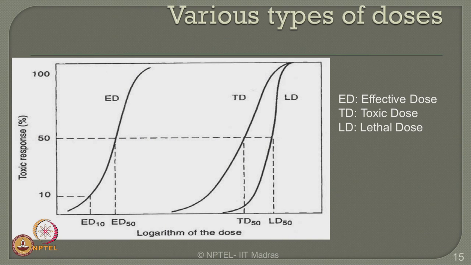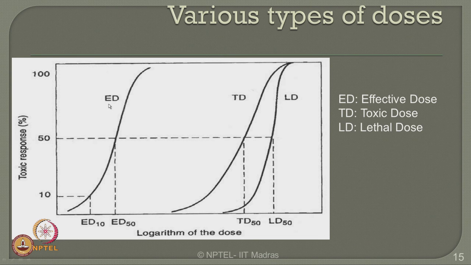When we talk about various types of doses which are available in the chemical industry, there are three doses which can be explained in the literature: effective dose, toxic dose and lethal dose. In the same curve as we saw in the last slide, the logarithmic dose with respect to toxic response in percentage is indicative of ED, toxic dose and the lethal dose, as you see in the picture here.